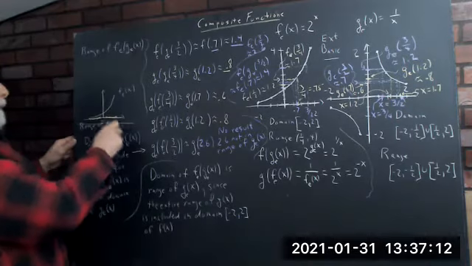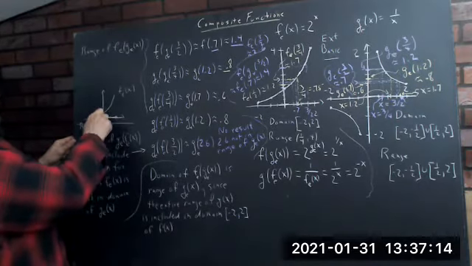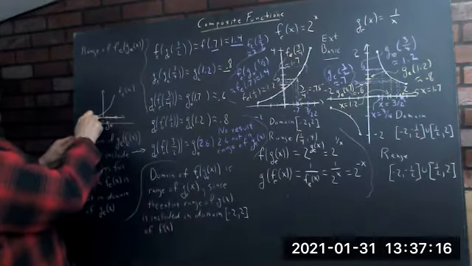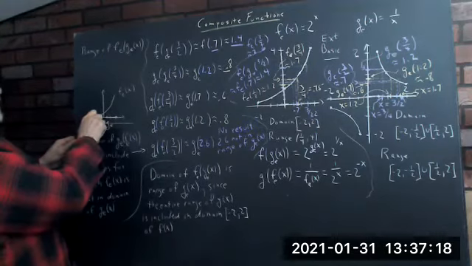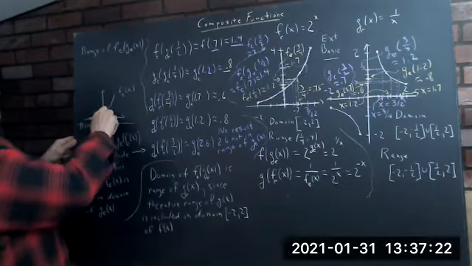And the only numbers that you can get out of f sub E are the numbers that occur when you plug these numbers into the function.